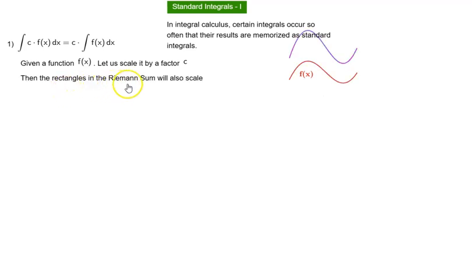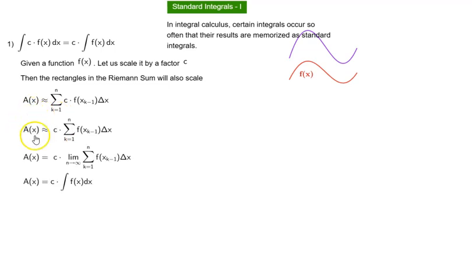Then the rectangles in the Riemann sum will also scale. So area A of x is approximately equal to the Riemann sum, k equal to 1 to n summation of c times f of x sub k minus 1 delta x. Now let's take it step by step.